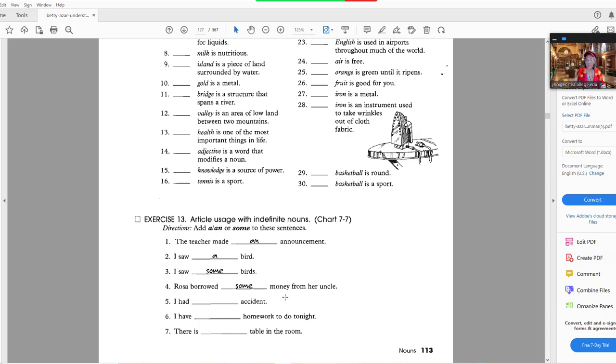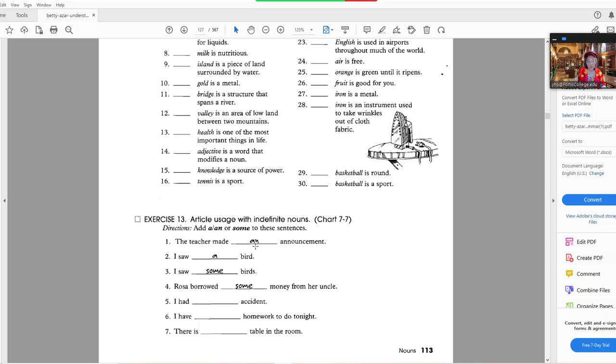However, every time you have a non-count noun, it's always singular. So I had an accident. And another thing is an goes with vowels, a goes with a consonant. So if a word starts with a vowel, you would use an, and if the word starts with a consonant, then you would use a.